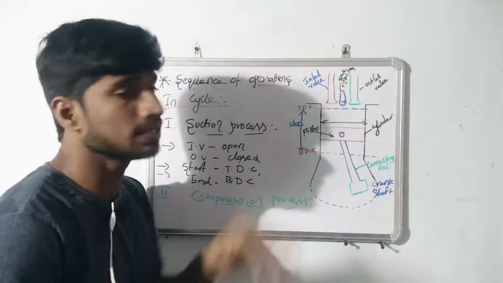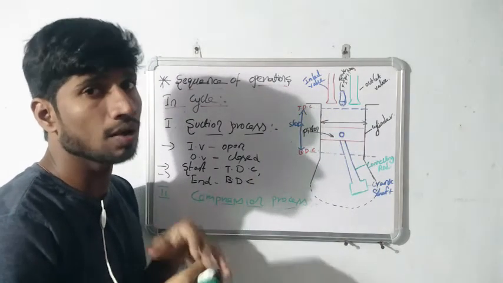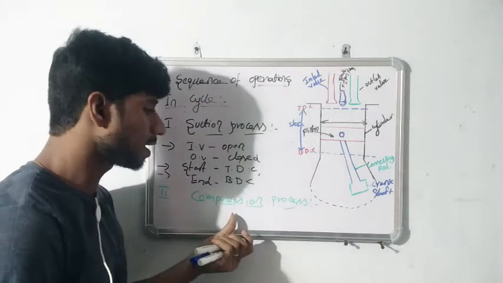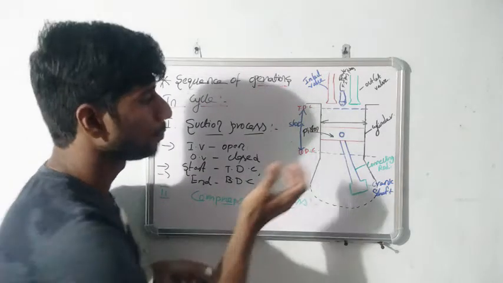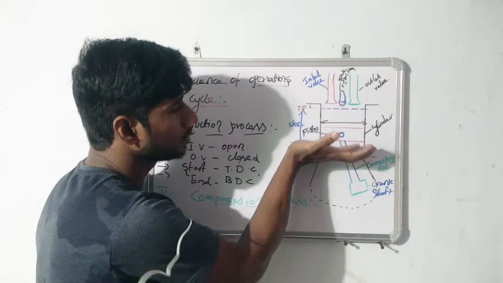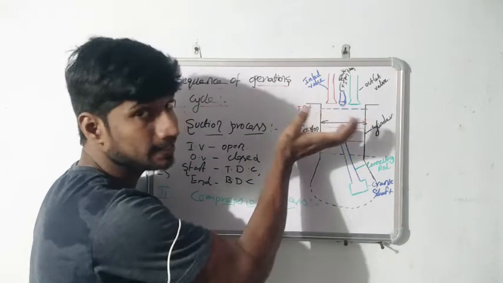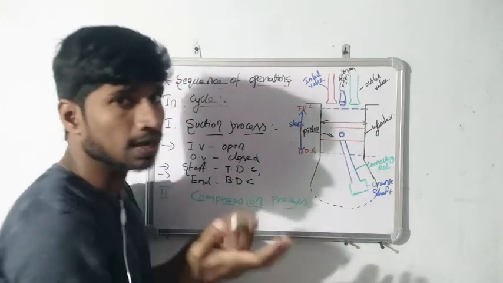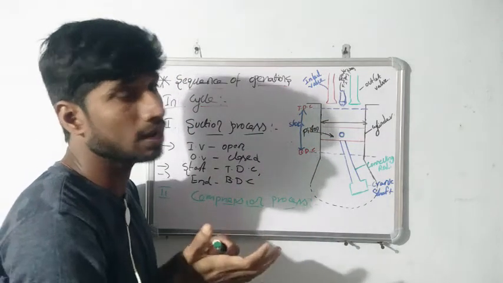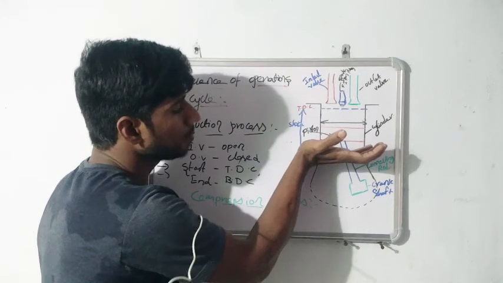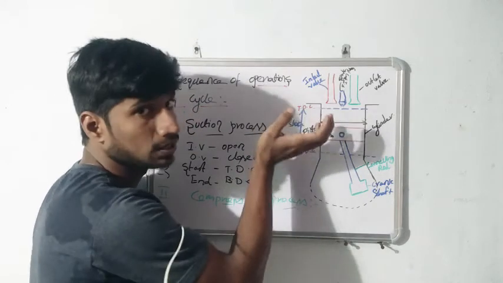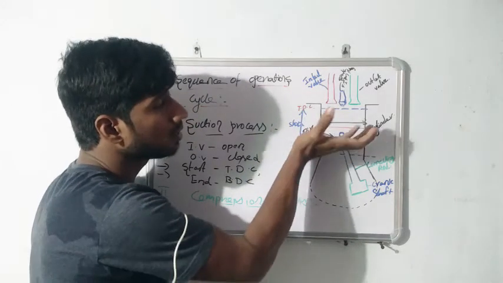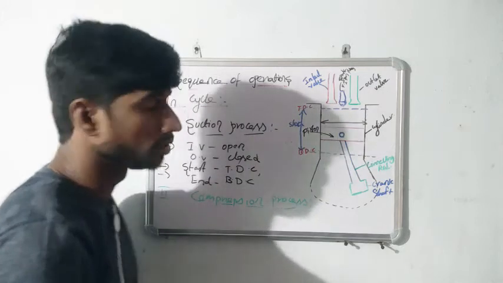The entire engine cylinder is occupied by fuel vapor. In the compression process, the piston starts moving from BDC to TDC. At this time, the fuel vapor is completely compressed because the piston moves from BDC to TDC. At this condition, compression takes place.